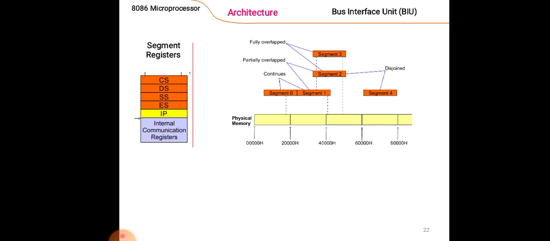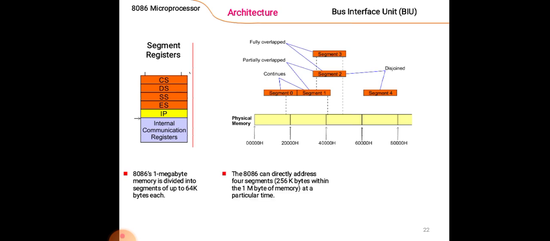Each segment is of 64 kilobytes, and each segment is having 256 address locations. Then we can access 256 bytes of segment register at a time. So large data processing is done inside the 8086.